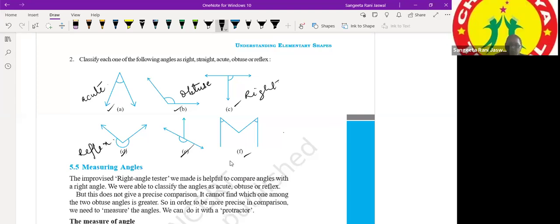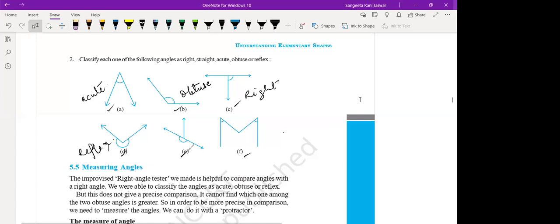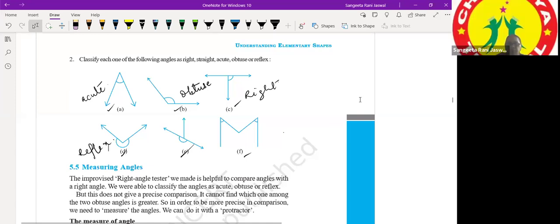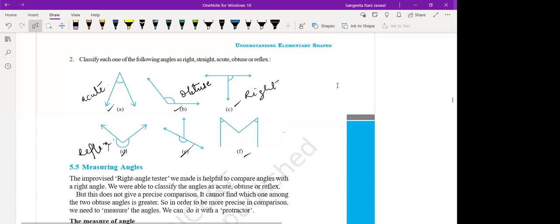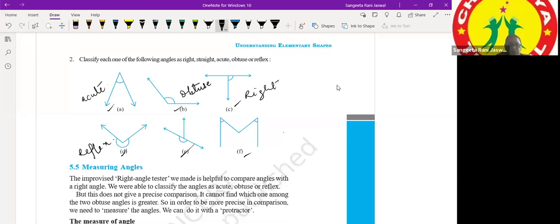Good. Okay. Adya is here. Adya, tell me the next one. Ma'am, acute angle, obtuse angle, and straight angle. No, you have to tell me this one where it is marked. This angle.